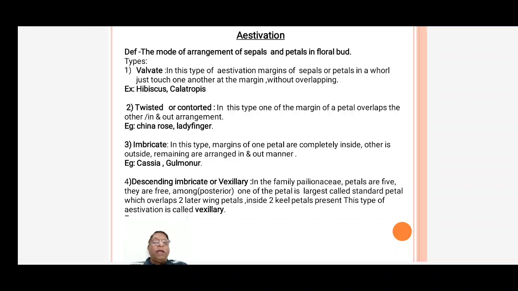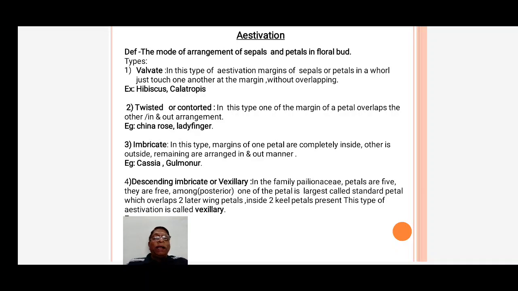Imbricate. In this type of estivation, one of the petals is completely inside, the other is completely outside. Remaining are arranged in an in and out manner. How the arrangement is, we can see.